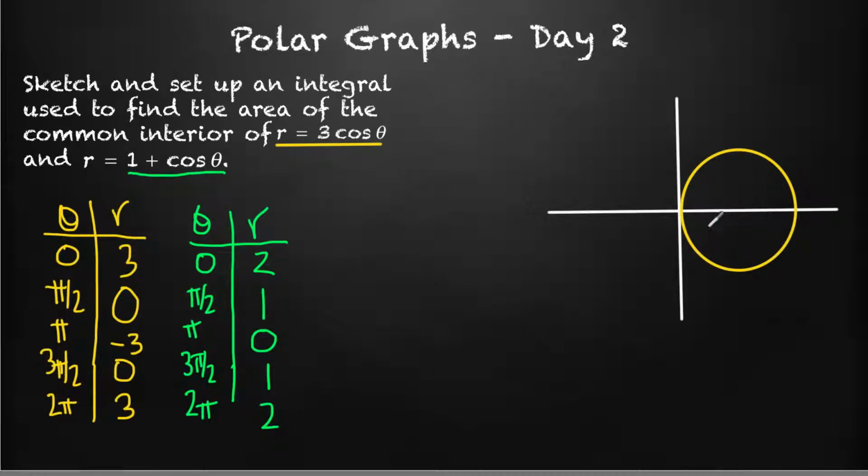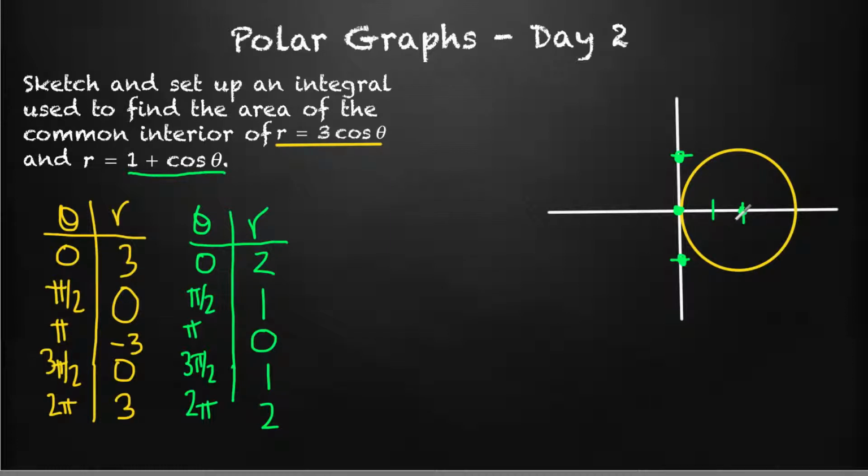So we are going to go 2 units in the direction of 0, and we're going to put a point, and then 1 unit in the direction of 90, and we're going to put a point right there. 0 units in the direction of 180, so that's going to keep us at the origin. 1 unit in the direction of 3 pi over 2, that's going to be down there, and then we're back here.